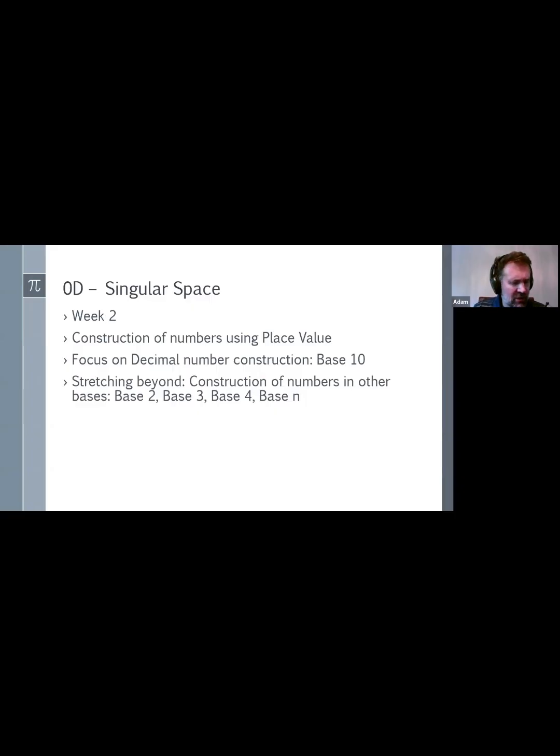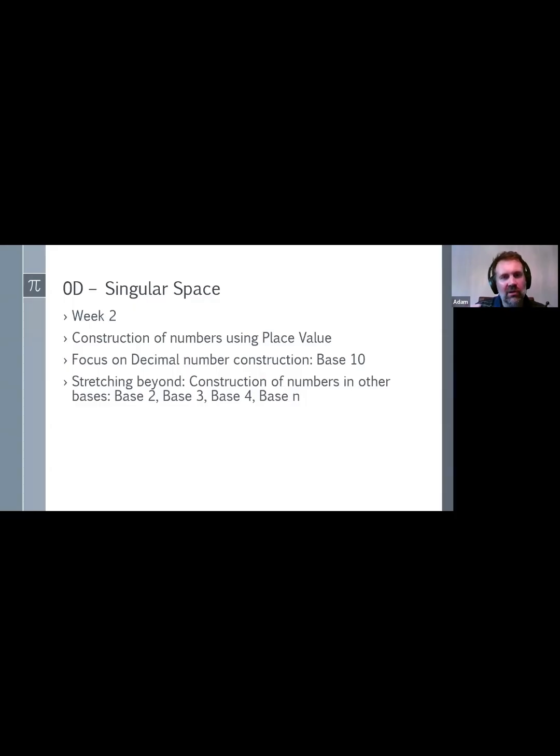But I think being able to go between the different bases also gives you a firmer grasp of how numbers are constructed. When we look at base 10, we basically understand it. We understand if it's 1, it's 1 one. And if it's 10, it's 1 ten and 0 ones. We can get that by just understanding that 10 is that number. But when we try to switch between bases, it can be a little bit confusing.